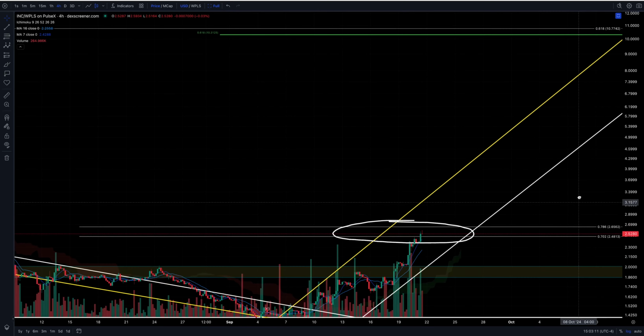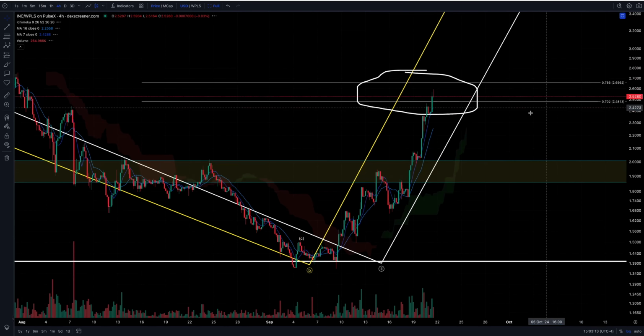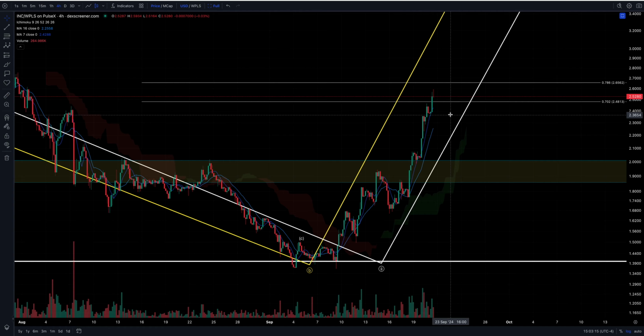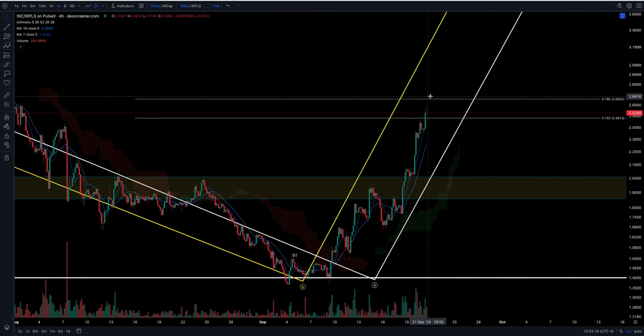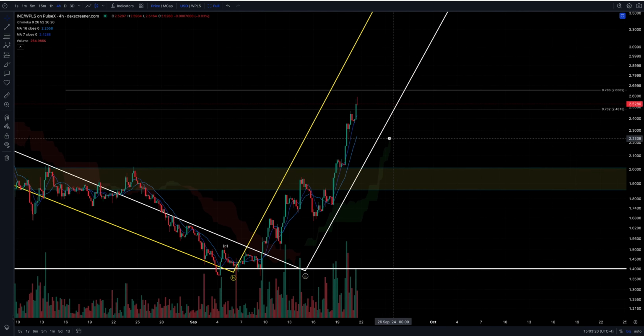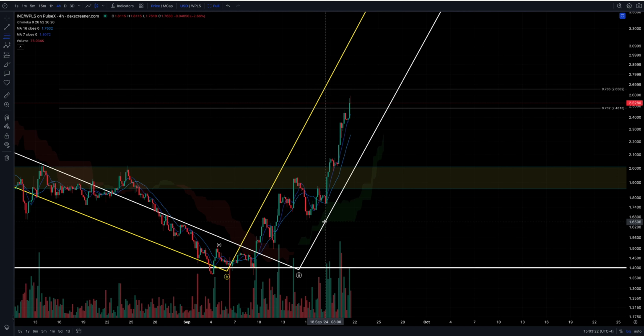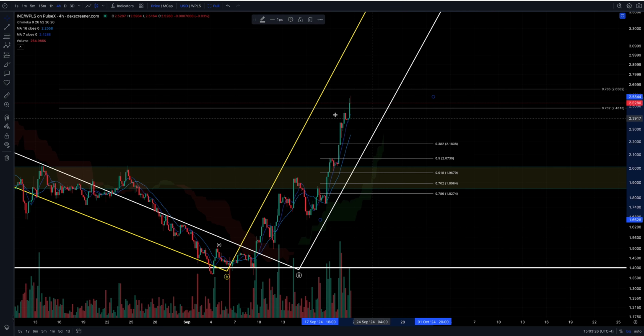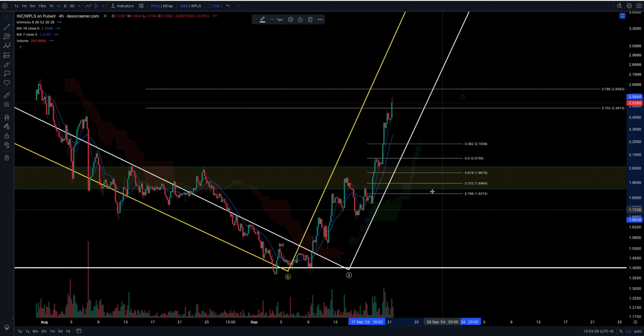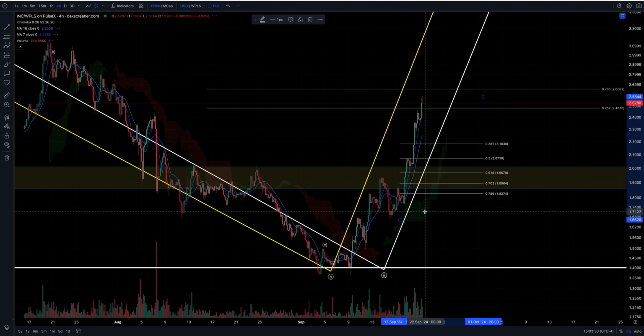Let's go over here on the 4-hour time frame. You can see the candle over here is printing a little bit of a bearish shooting star. So we may see a little bit of a pullback here. Let's take a fib from this pivot over here up to this high, and these over here are all of the DCA targets.